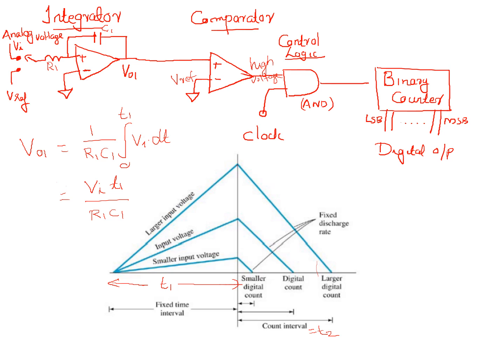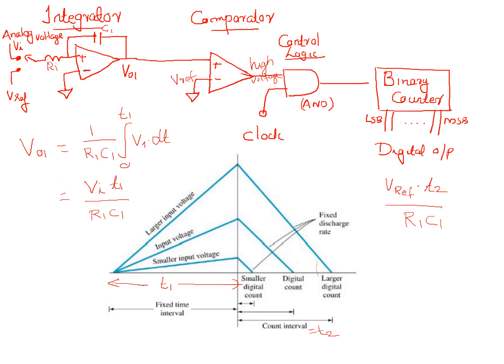So we can write the discharging time, how much time this integrator will take to ramp down. That time is equal to V reference into T2 divided by the same R1 C1.